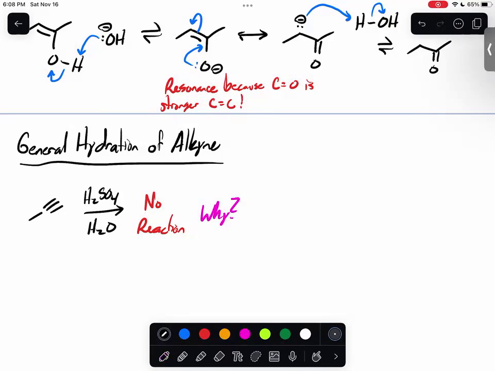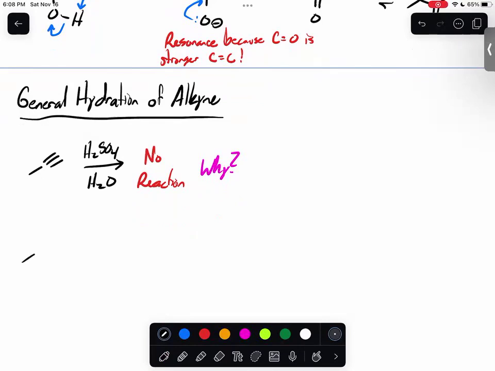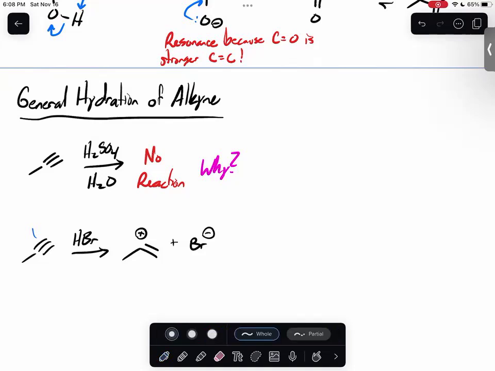Now, that being said, we saw previously in our other lecture that addition of HBr works just fine. You can add in a hydrogen that way, and then you're left with your bromide that can then go do what it needs to do. But here's the thing, when you do this reaction, you're interacting directly with the HBr.